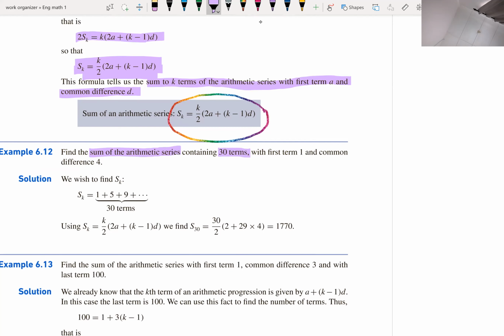That's a lot, right? So we have to use the formula. The first term is 1, and the given common difference is 4. So just write down the formula that we have.